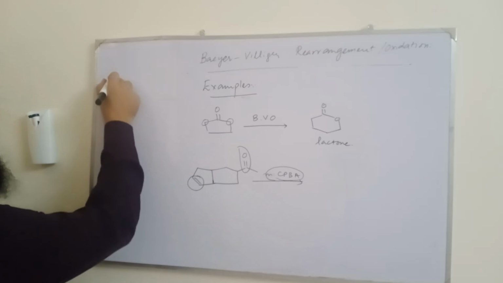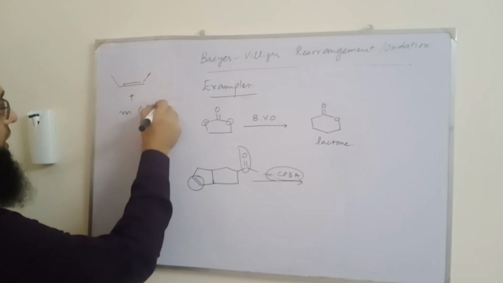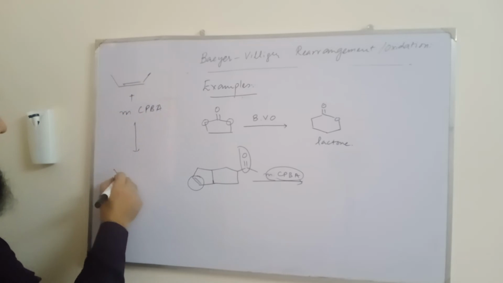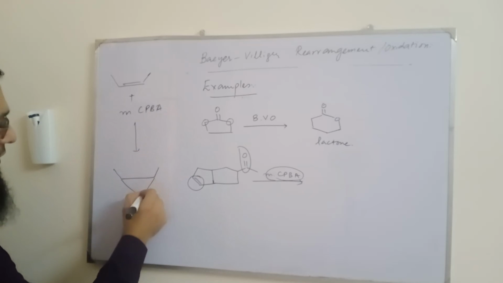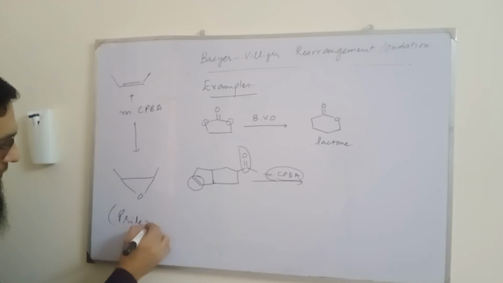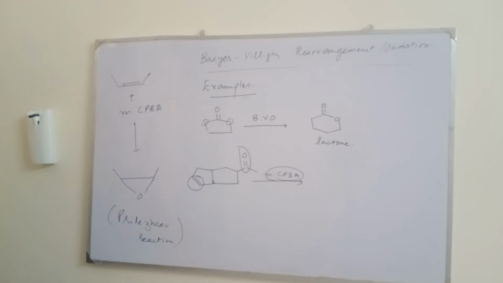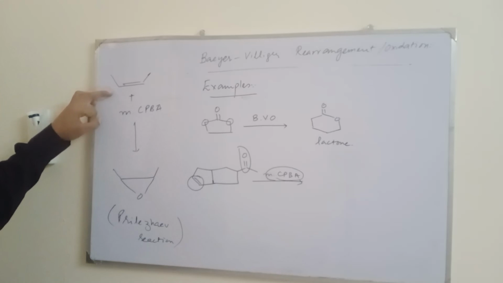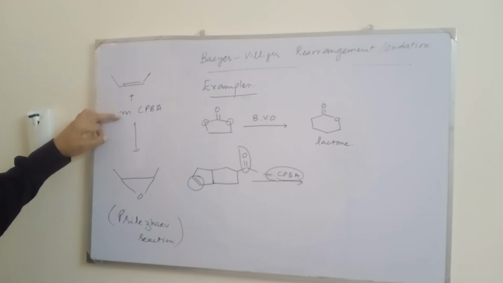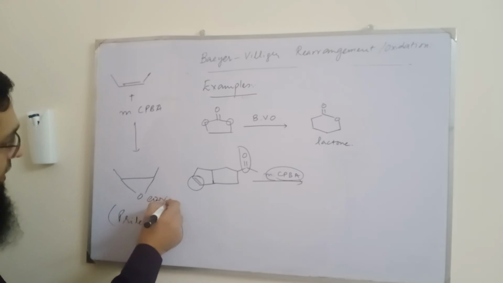If you treat a double bond with MCPBA, in general we get epoxide, and this reaction is called epoxidation. Epoxidation of alkenes with MCPBA peroxy acid results in the formation of epoxide, and this reaction is called Prilezhaev reaction.